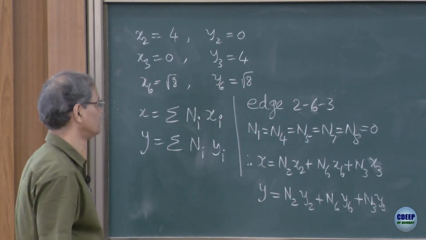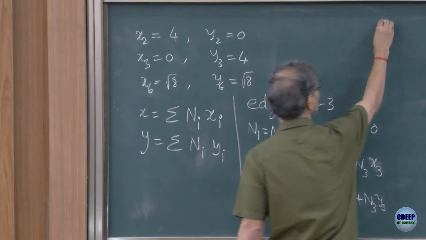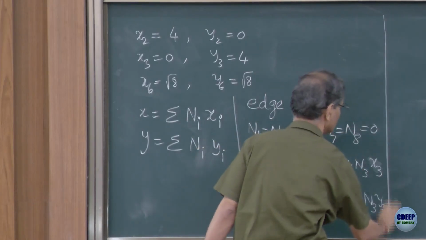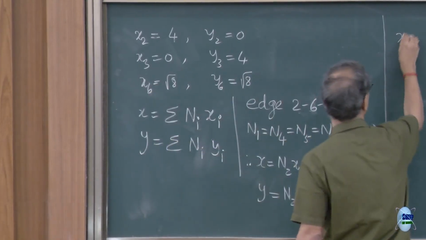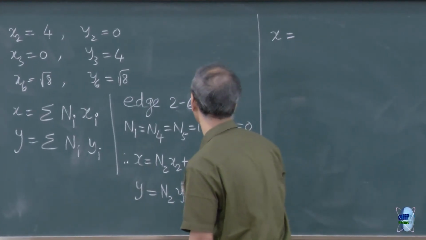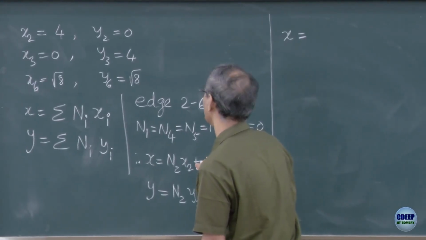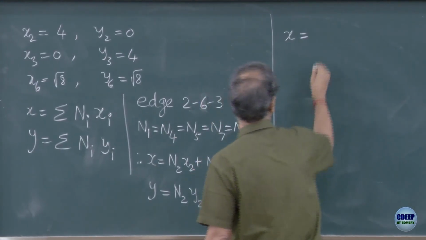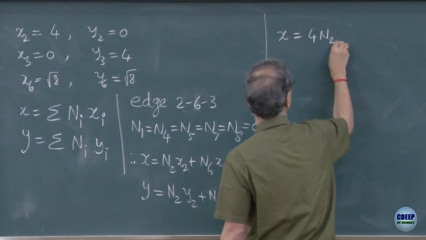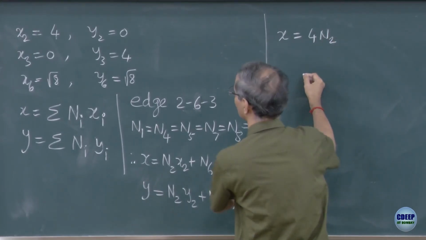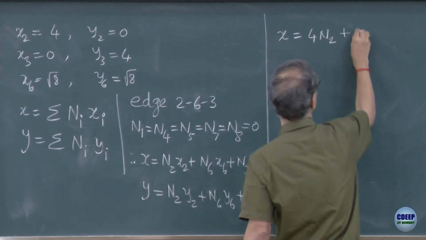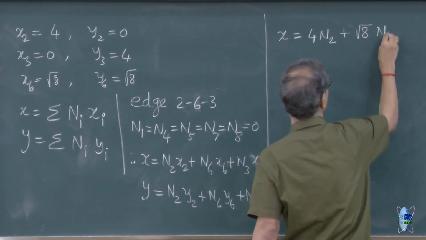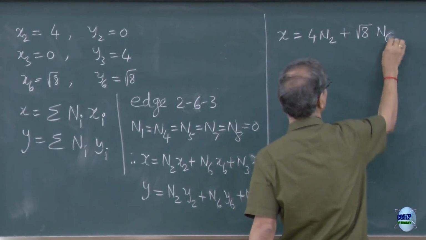So x is N2 x2, x2 is 4, so 4 N2, plus x3 is 0, so this term goes off, plus root 8 of N6.